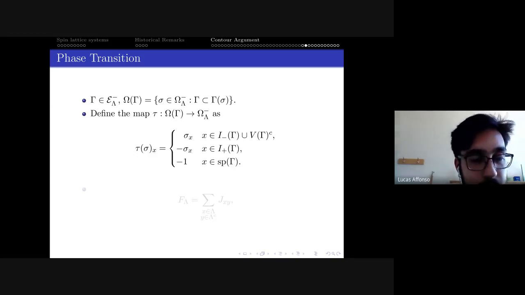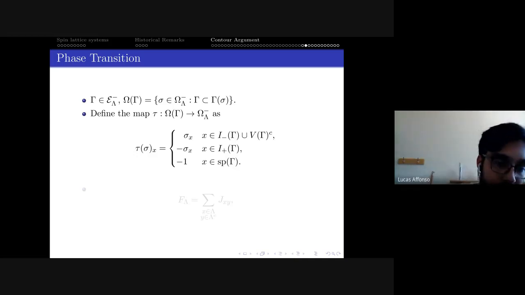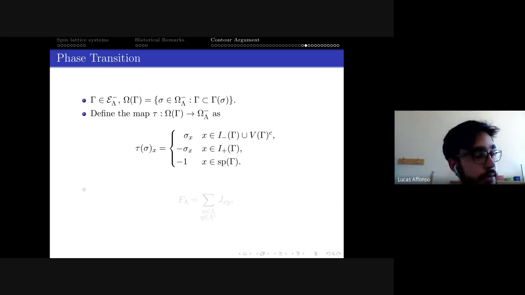You change the incorrect points on the support by minus spins, and in the plus interior you change them by a spin flip. And when you do this, what you do is that you send the plus correct points into minus correct points, the minus correct into plus correct points, but the incorrect points are still invariant. So in this case, what happens is that you still have the same incorrect points, but let's say a different match on the boundary. So instead of plus, now it's minus.